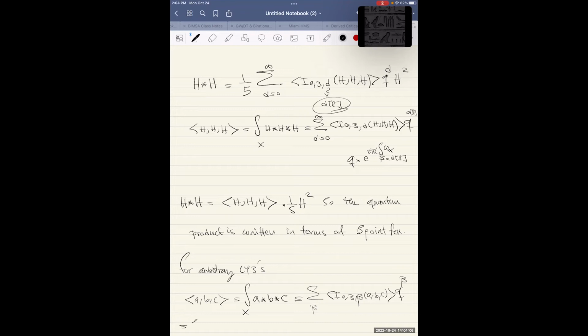So this is going to be either this thing, which we know how to calculate, the intersection product of these things, or the part for which beta is not equal to 0, I_{0,3,beta}, which by what we just showed is the integral of A against beta, the integral of B against beta, and the integral of C against beta, times Q to the beta.